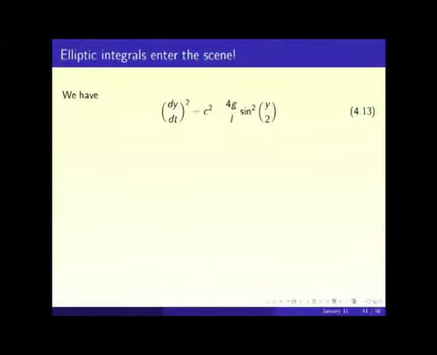So, we have dy by dt the whole squared equals c squared minus 4g by L sine squared y by 2. Since y dot of 0 is c, which is positive, the derivative at time t equal to 0 is positive.